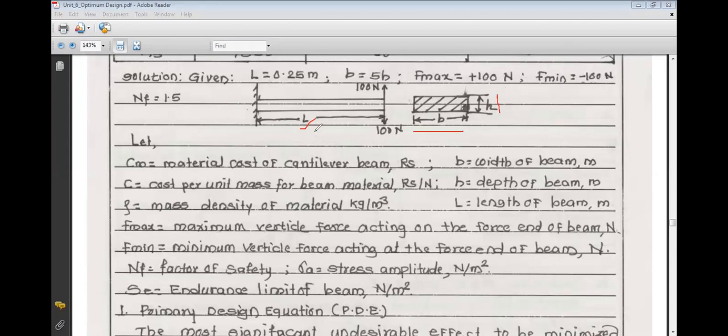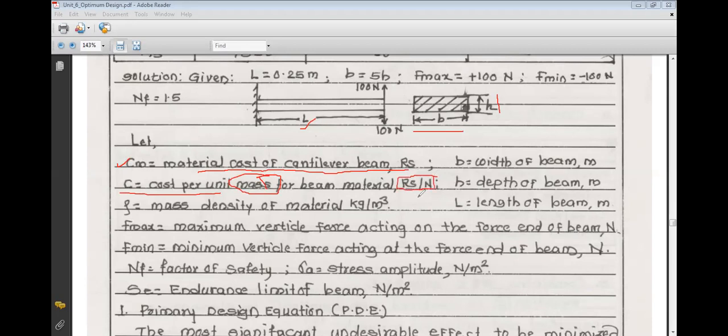So let Cm be the material cost of the cantilever beam in rupees. C is the cost per unit weight for the beam material, in rupees per Newton.